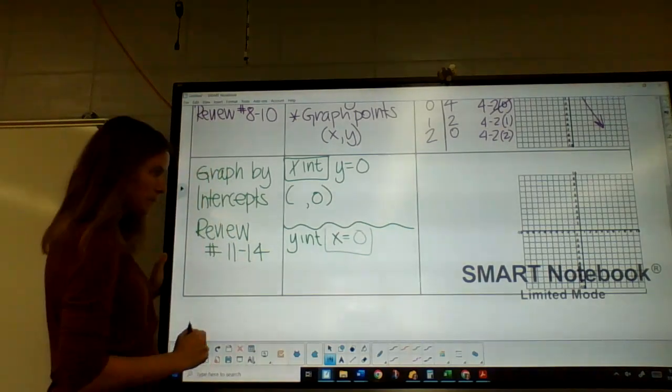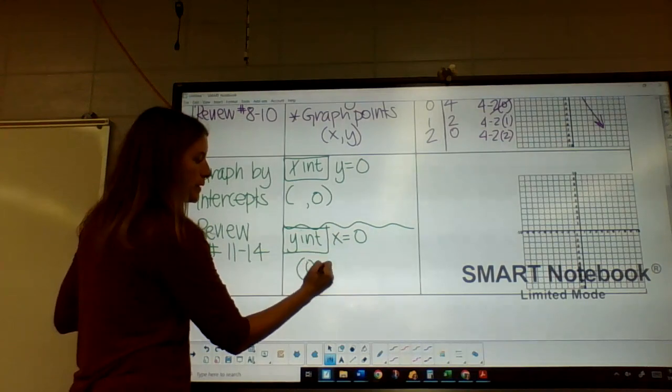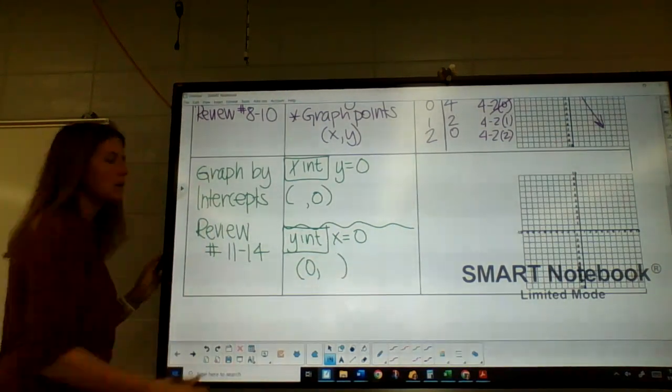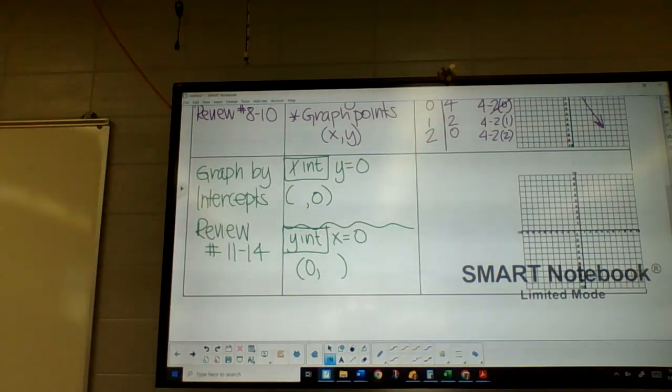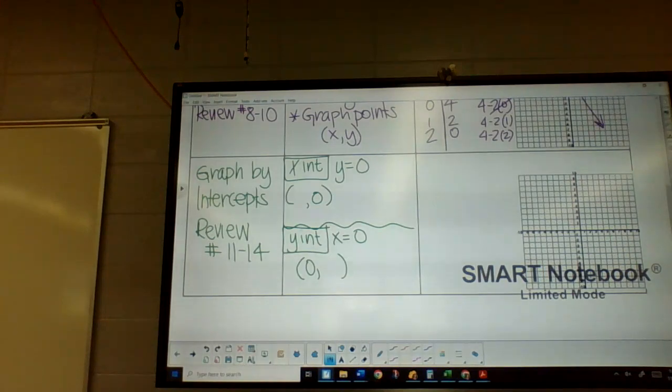So this one would be 0 comma something. And we have to figure out what the something is by substituting the 0 in, taking turns, making each of the values be 0.